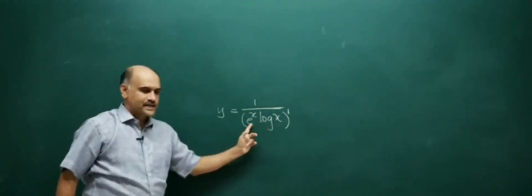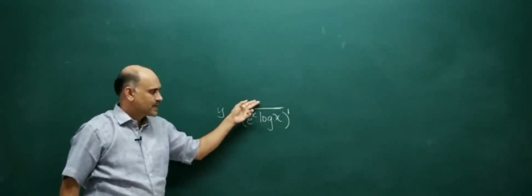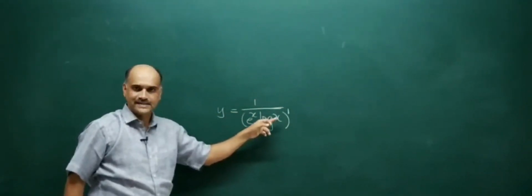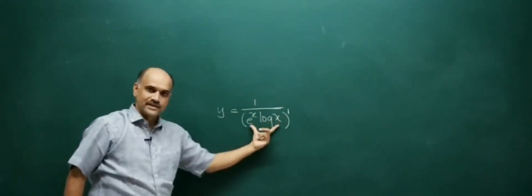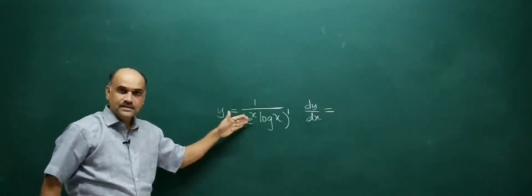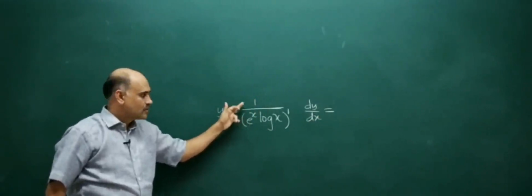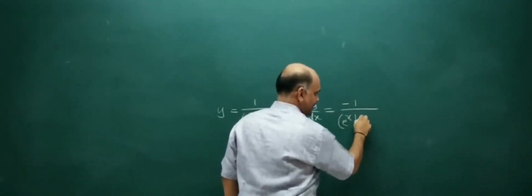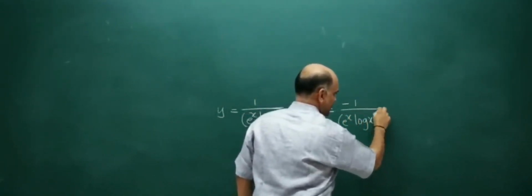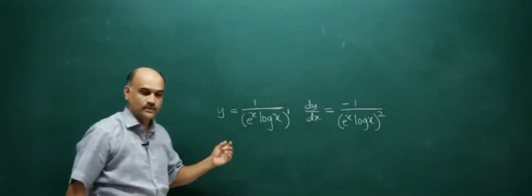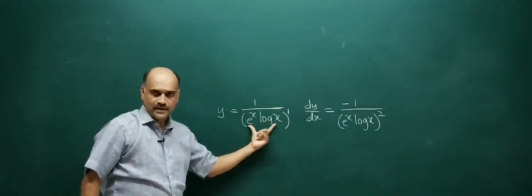So 1 by e raised to x log x he has given. You can think of it as 1 by x, or this whole bracket you can think of as x. So if you differentiate now, dy by dx is equal to differentiation of 1 by x is minus 1 by x square, or the 1 by x raised to n formula you apply: minus 1 by (e raised to x into log x) bracket square, into differentiation of the bracket.